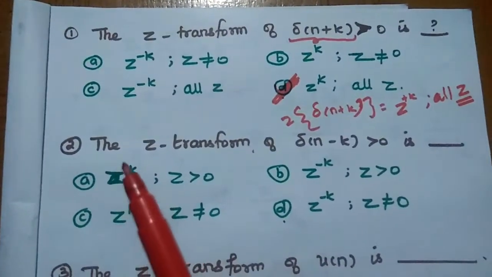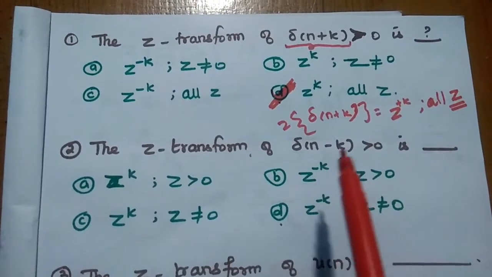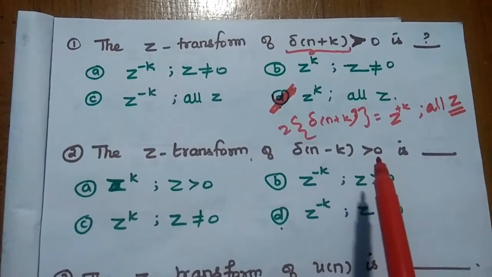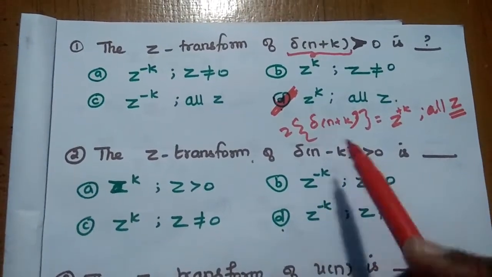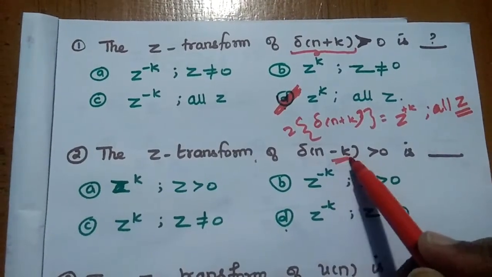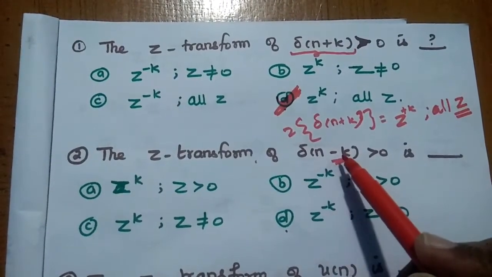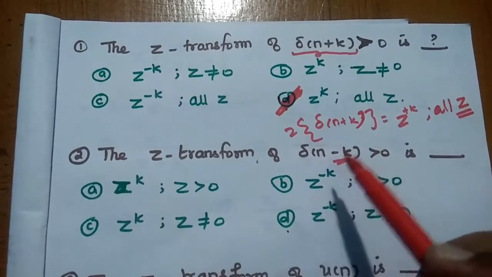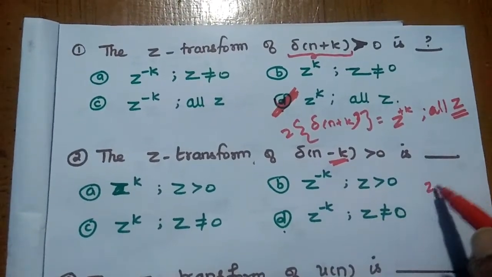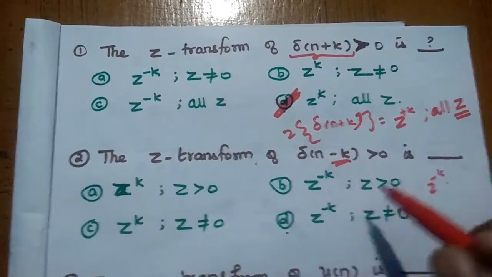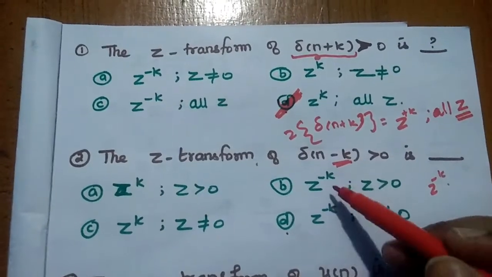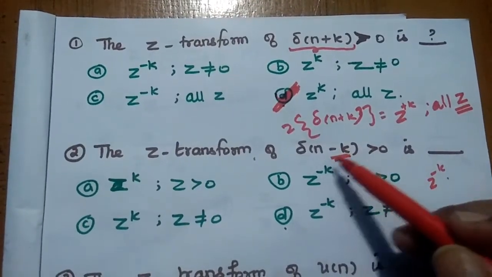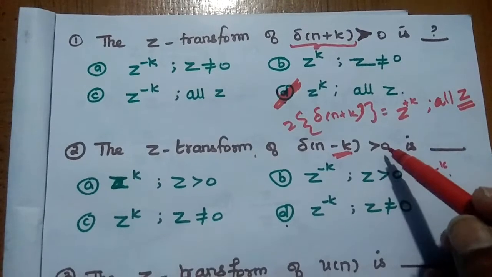Okay. So the next question is the Z transform of del of n minus k, with k greater than 0. Here it is the negative sign. Okay, so del of n minus k. Minus k means z power minus k. That is the answer. We know that z power minus k is the answer. We have two options. So here that value is present only for k greater than 0.